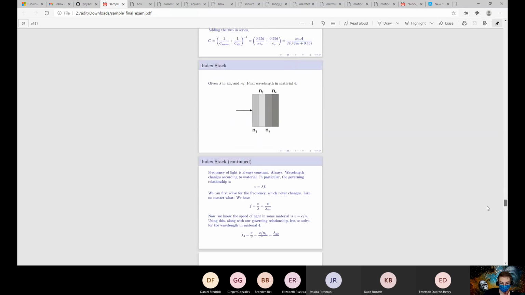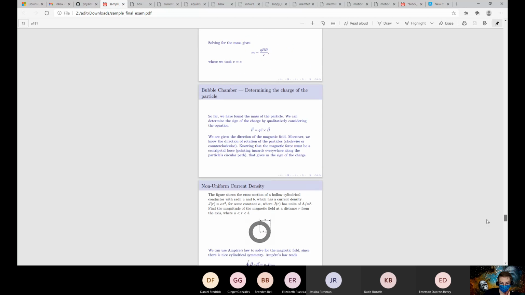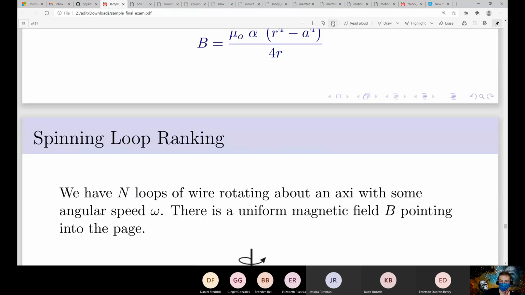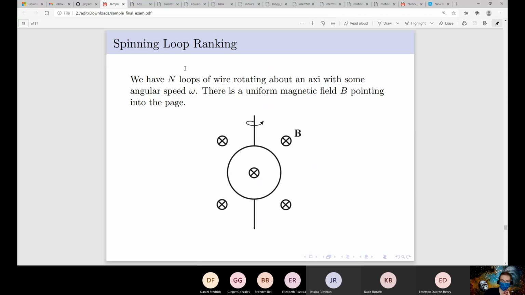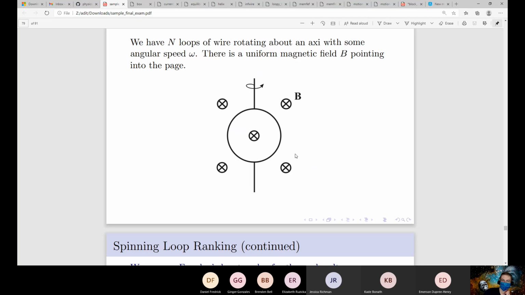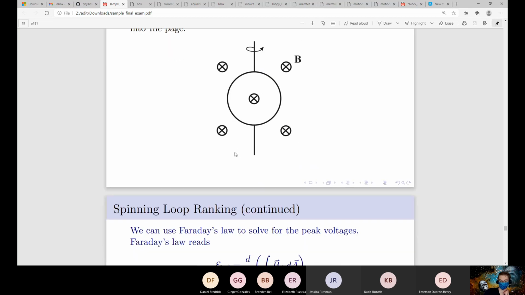All right, we have N loops of wire rotating about an axis with some angular speed omega, and there's a uniform magnetic field B pointing into the page. I want to find the magnitude of the induced EMF in the spinning loop.